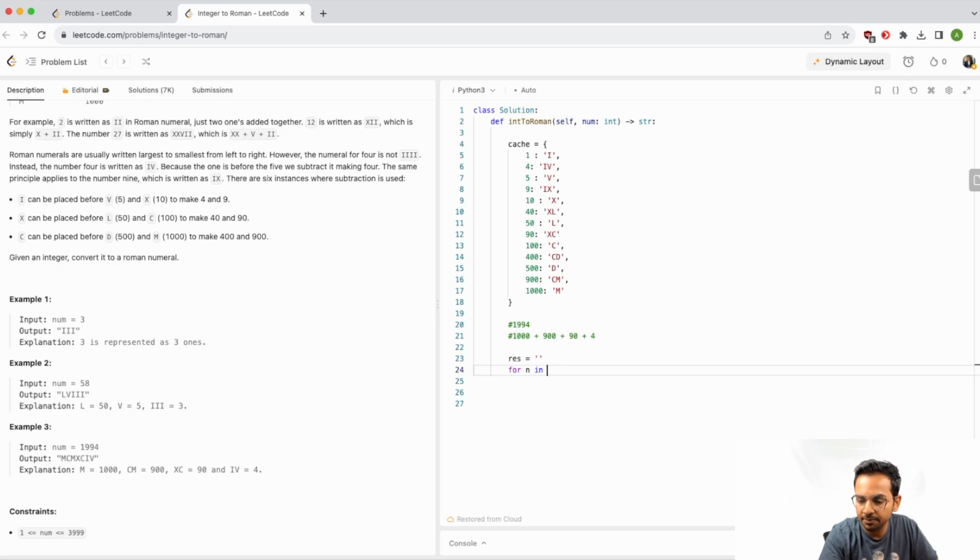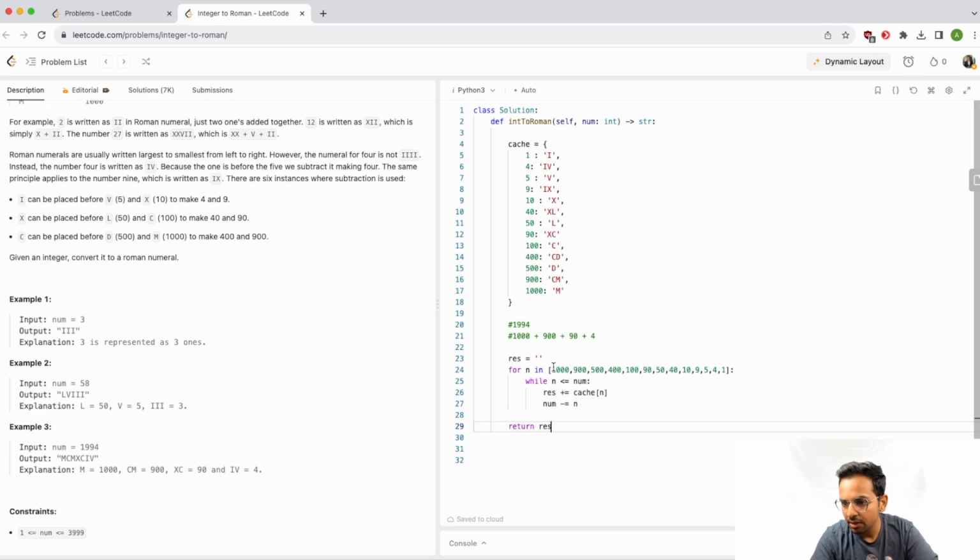For n in 1900, 500, 400, 100, 90, 50, 40, 10, 9, 5, 4, 1, while n is less than or equal to num, num minus equals n, and result plus equals cache of n. Simple.